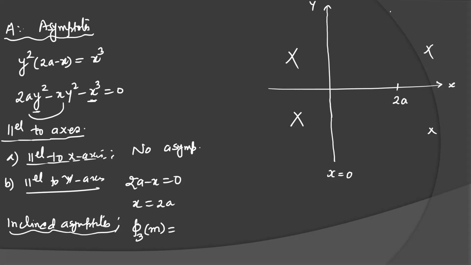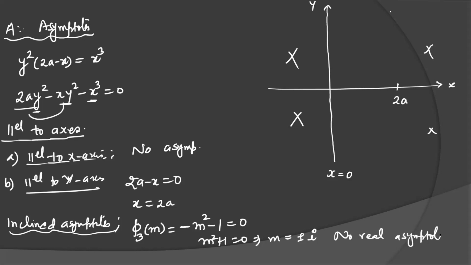So you will get the terms of degree 2 and degree 3, and that will be minus m square minus 1 equal to 0. So m square plus 1 equal to 0. It means m is imaginary. So there is no real asymptote, and we can only draw a real asymptote. So no inclined asymptote. We can get a maximum of 3 asymptotes.